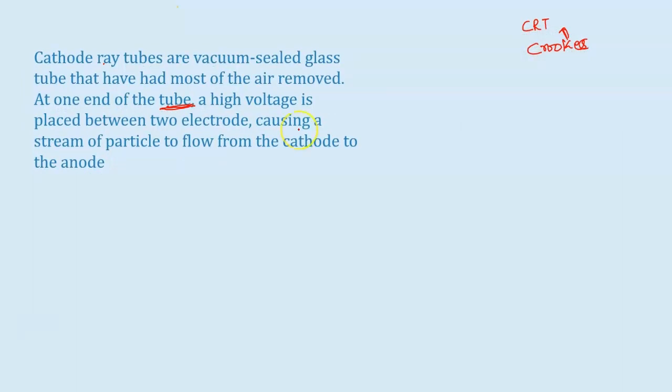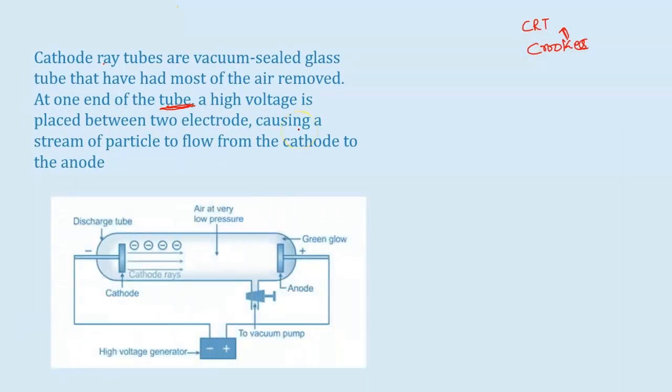So we know how the discharge tube will be. It will be like this. This is the discharge tube, which is a glass tube, and this is an anode, and this is a cathode. At one end of the tube we have a high voltage of 10,000 volts, which is a very high voltage.